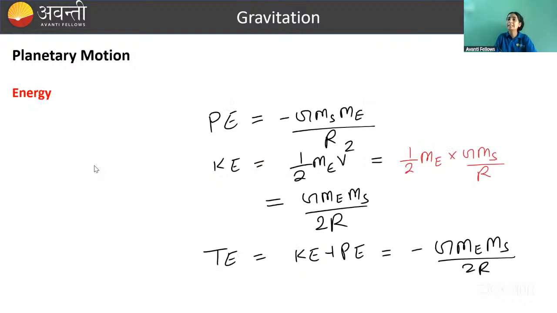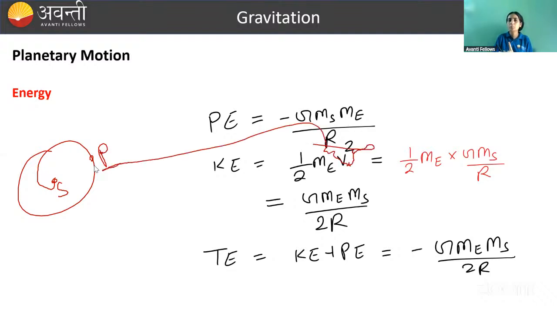उसके बाद है total energy of planets. So there is the sun here and the planet here, two mass systems, sun and planet. Their potential energy at a separation r will be equal to how much? Minus G M s m divided by r. Kinetic energy will be half m v squared.